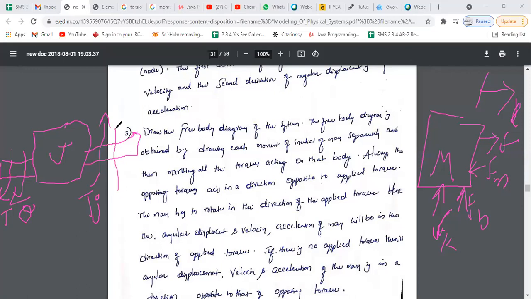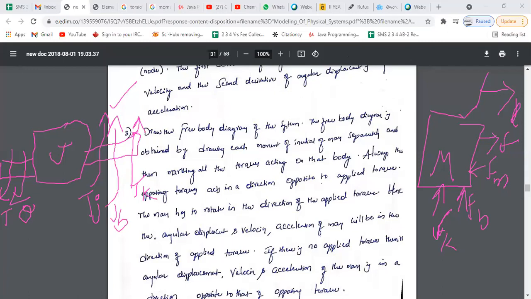Next, the opposing torque due to rotational friction. Then the opposing torque due to the torsional spring. So this is how we mark the torques on the rotational body. And this is how we mark the forces on the translational body. Is it clear, all of you?